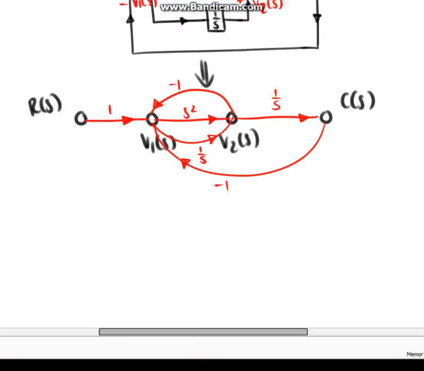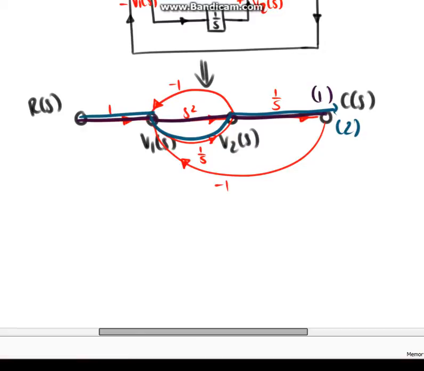Our first path will be 1, 2, 3. So that's our first path, simple. Our second path will be 1, 2, 3. So that's our second path, because there's another loop here that goes forward.